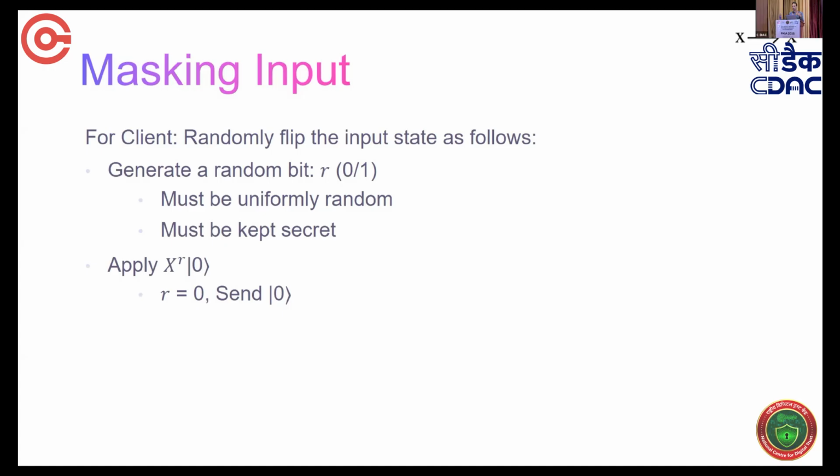In this way, I have hidden my original input, because the server doesn't know whether this time the input was flipped or not. So they cannot exactly guess my original input. So for the server, my input is hidden. Done.